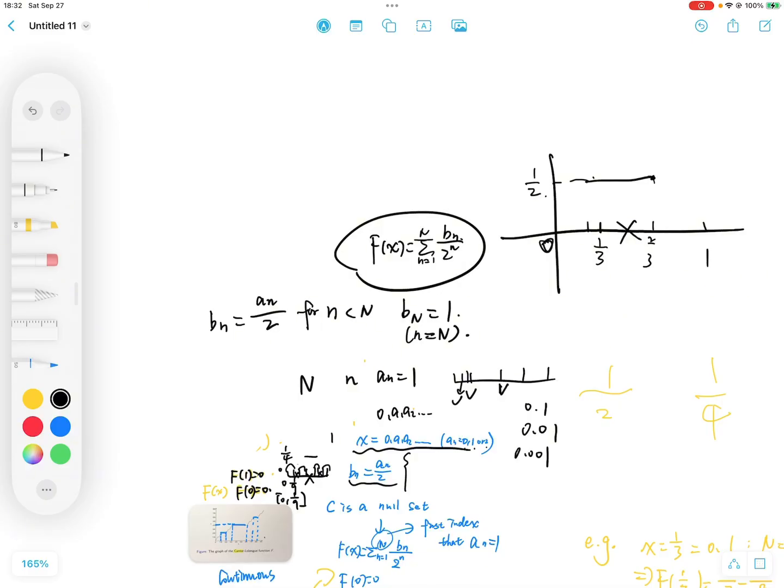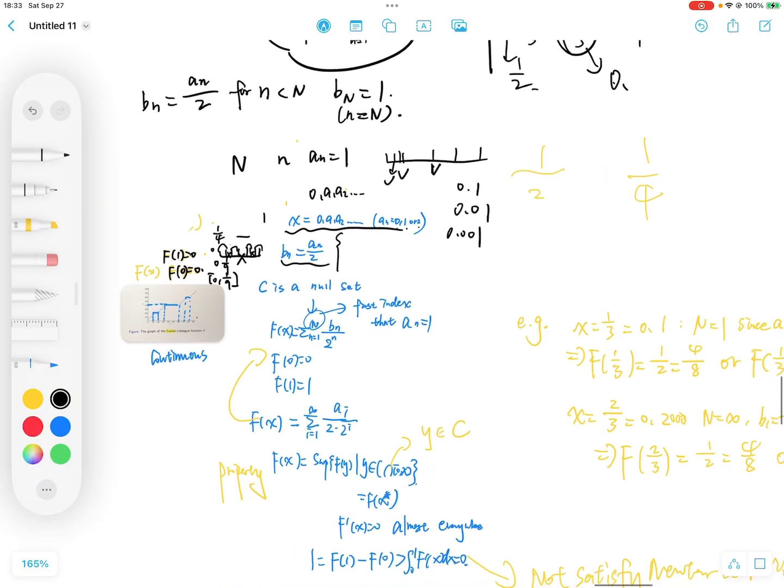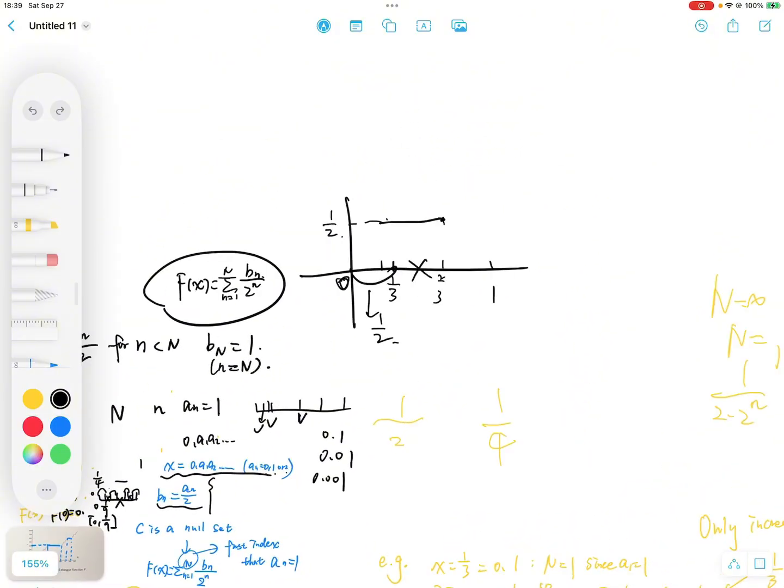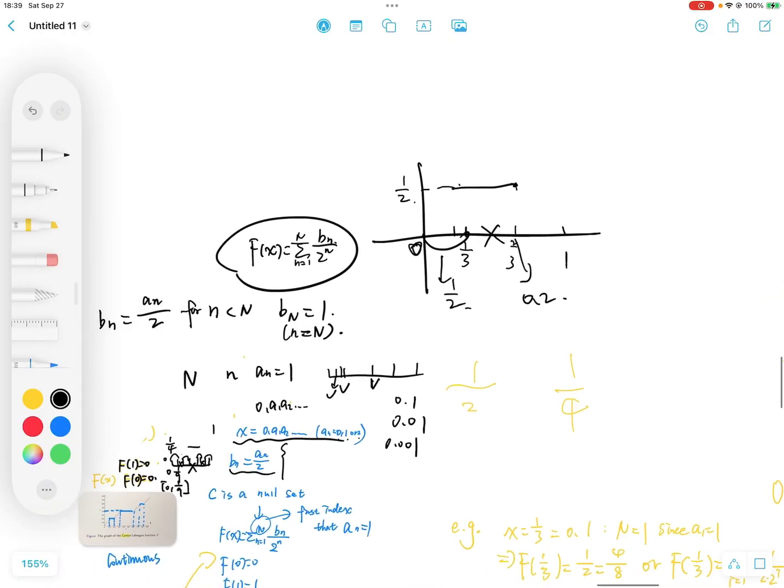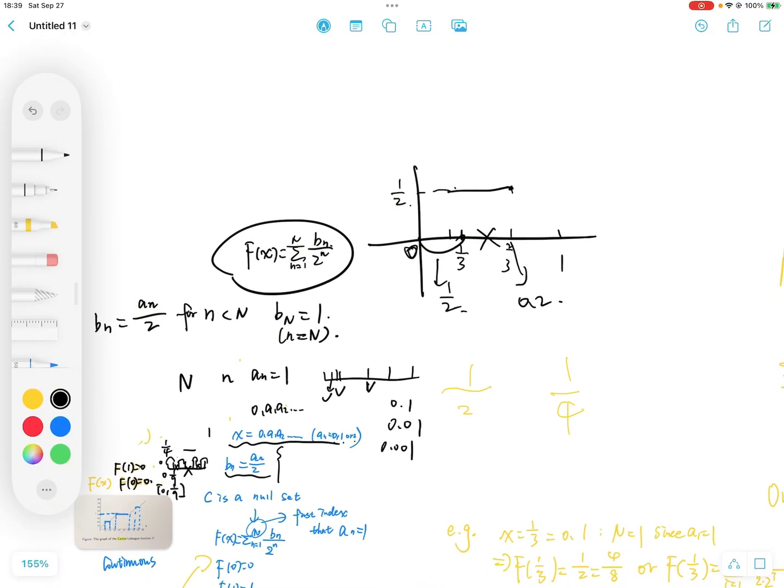Because this is 1 over 2, right? But here, how to express this in decimal is 0.2, right? It doesn't have a first index where a_n is 1, right?